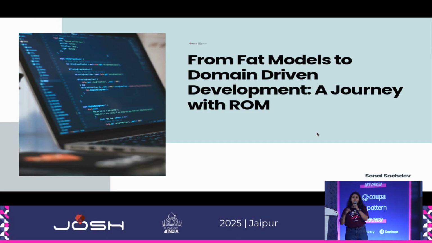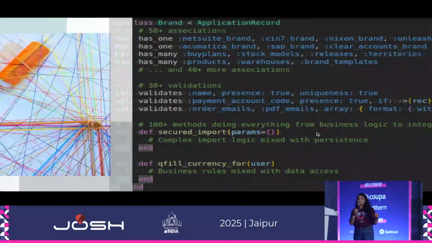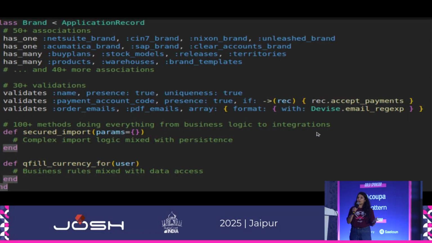On the screen, you can see an image from one of my projects in which we have a model class having 50 plus associations, some validations, some core logic, some business logic, and some SQL queries, the core queries we use for our model.